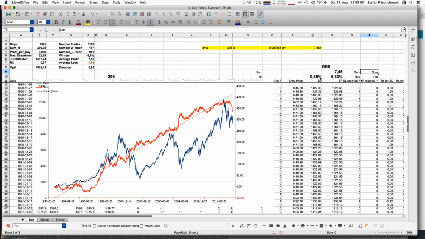It's not that bad if you look at the line. Of course, unfortunately, exactly in the near past, the strategy suffers a drawdown, but we have similar drawdowns in the past as well. So, of course, this will happen from time to time.